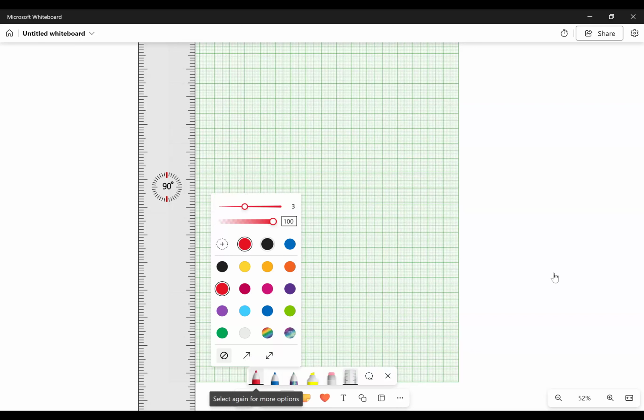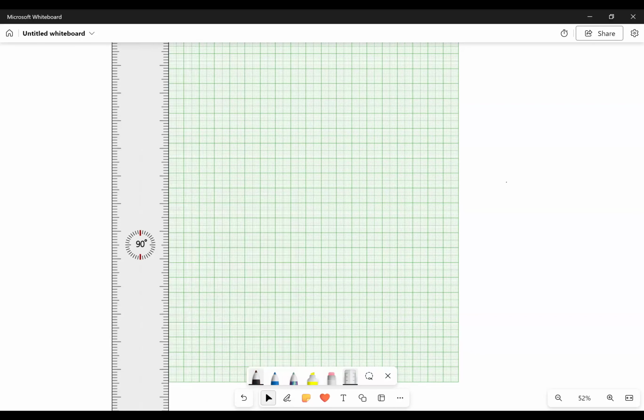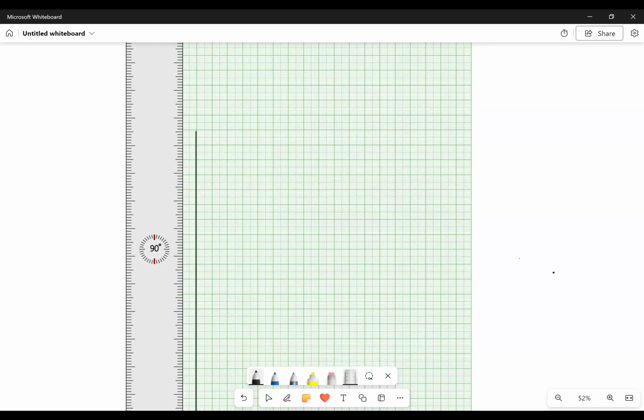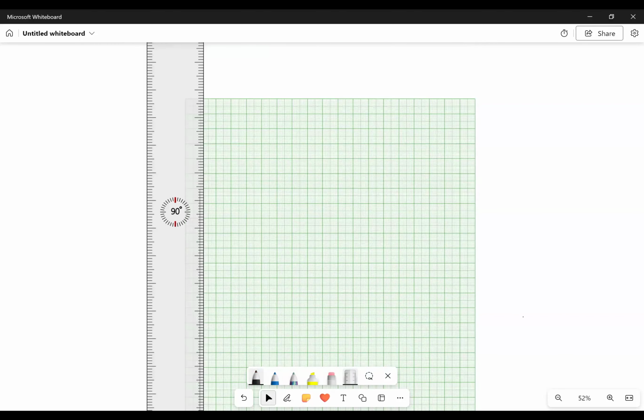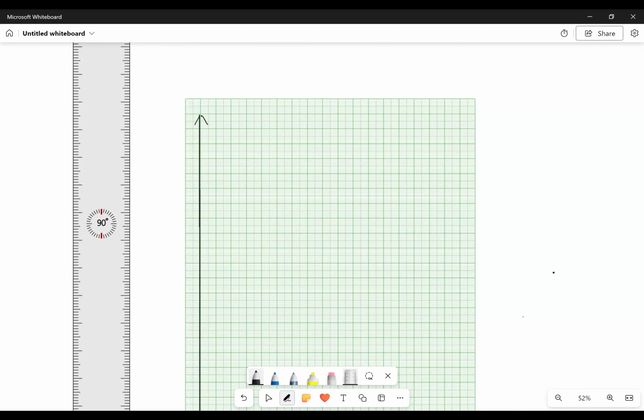Okay, so let me do that. This is my meter rule, so I'll just draw some straight line around here. Some straight line like that. So this is going to be the place I'm going to put my frequency density.